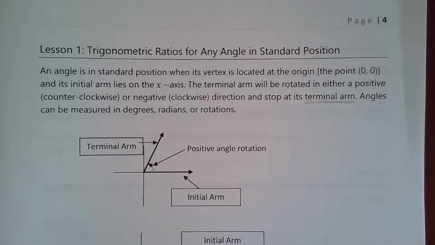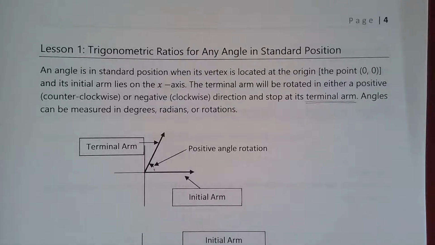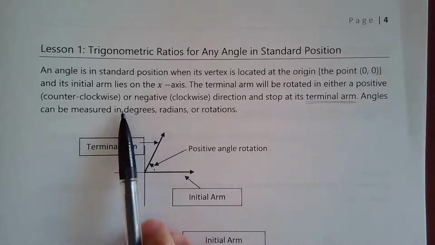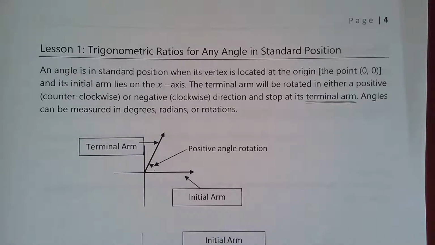So for today, what we're going to do is start with measuring the angles and finding the angles in degrees, or using degrees when we measure the angles. Now, before we get into this, I want to give you a background of why that is.